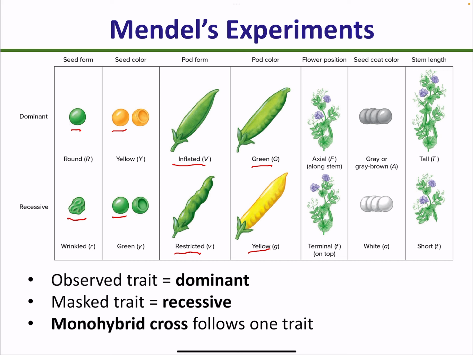Some flowers were axial, while other flowers in plants were terminal. Also, some plants were tall, some were short.